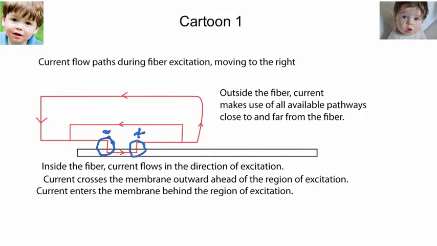Now, of course, this cartoon is incorrect because it simplifies things and draws all the current coming out as if it's coming out on a single line. That's not so because it's spread out over a little distance. Similarly, the sink is a single line. That's not so either because it's spread out over a little distance.